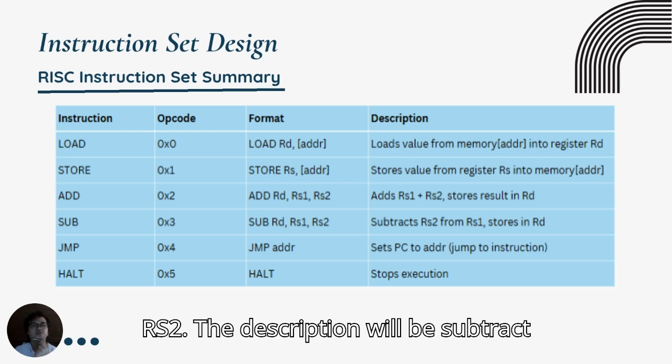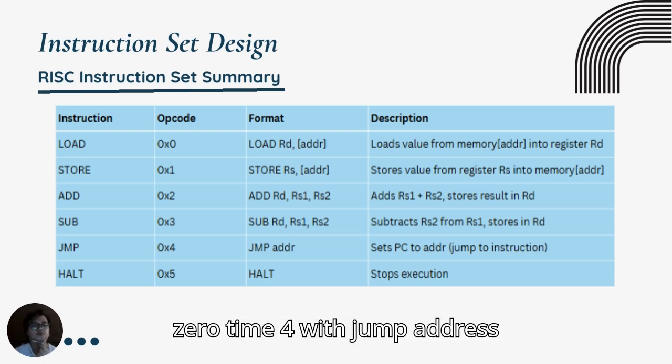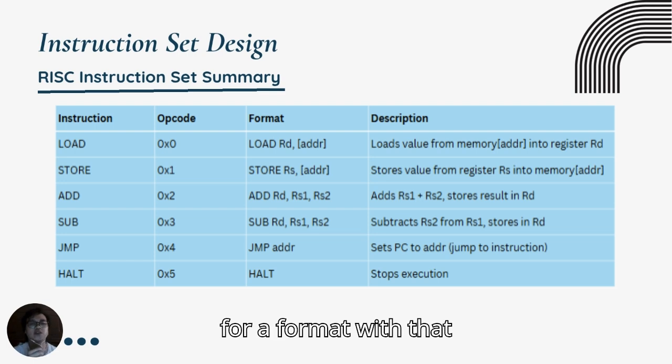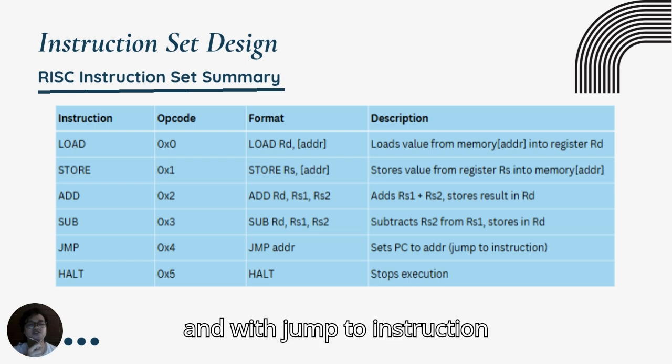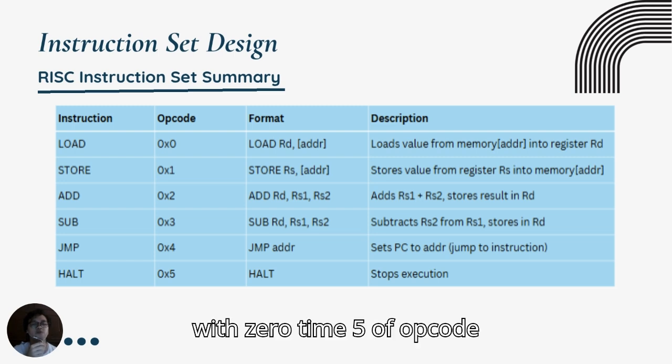The description is: subtract RS2 from RS1 and store it in the destination register. Next is jump, 0x4, with format jump address, which sets PC to the address. The final one is halt, with opcode 0x5 and the format just halt. Its purpose is to stop the execution.